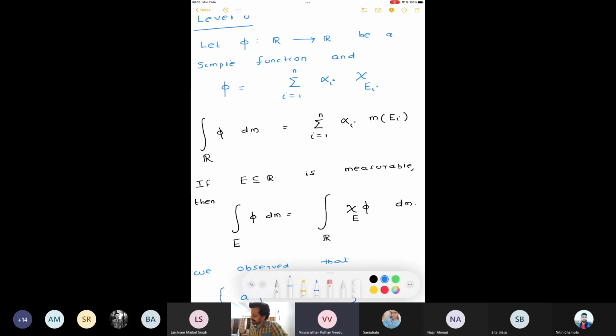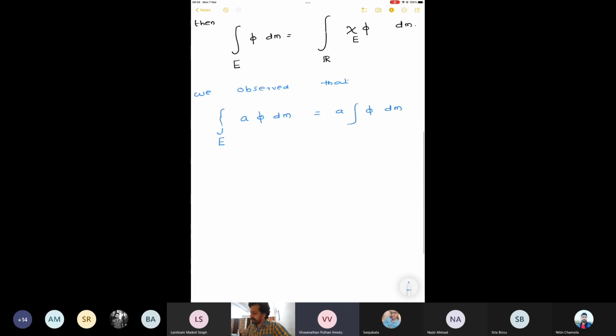And in fact, to avoid problems like infinity minus infinity and so on, we can take phi to be a non-negative simple measurable function, and a non-negative, where a is greater than 0. And also you have the integral over E of phi plus psi dm is equal to the integral of phi dm plus the integral of psi dm. And of course, there are a few more properties, but linearity is what I want to highlight.